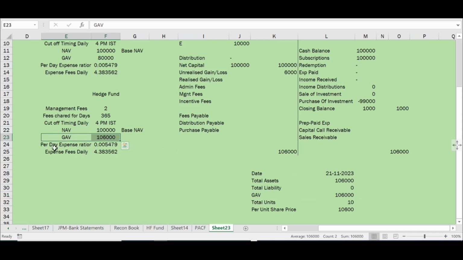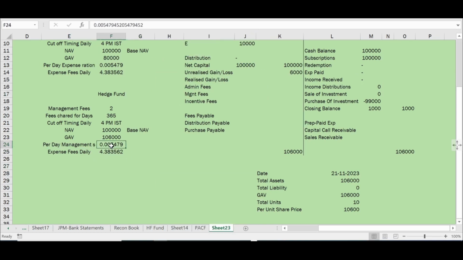This is my GAV. For per day, if I charge management fees, see, per day management fees is 2% divided by 365 into total GAV divided by 100.